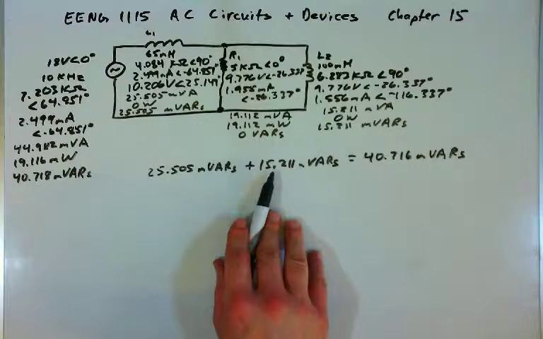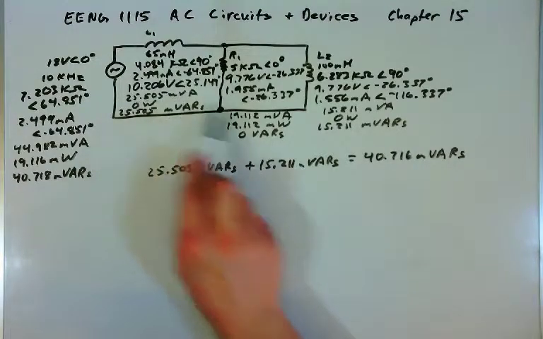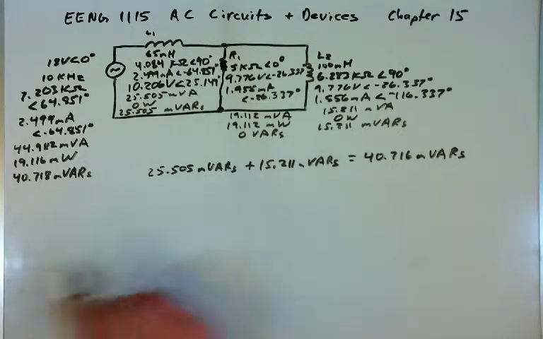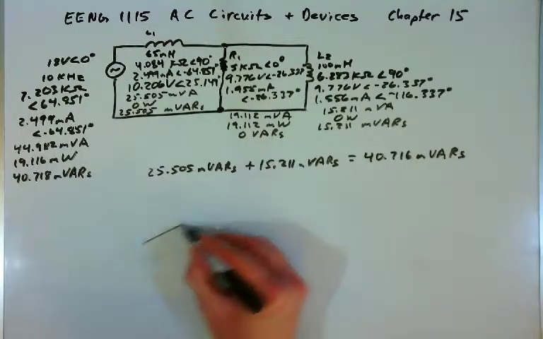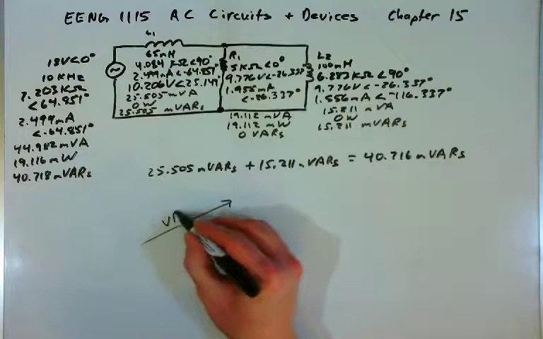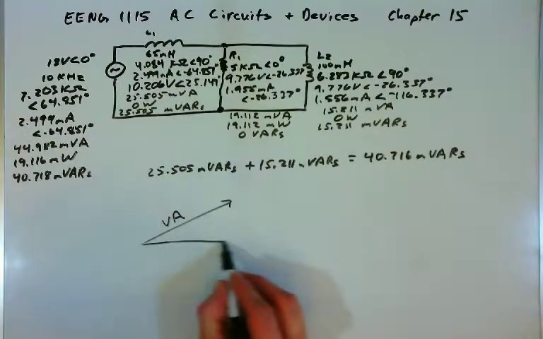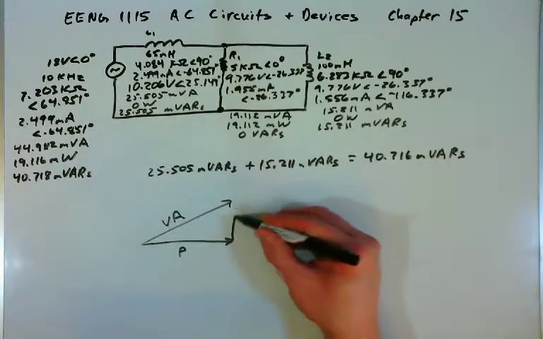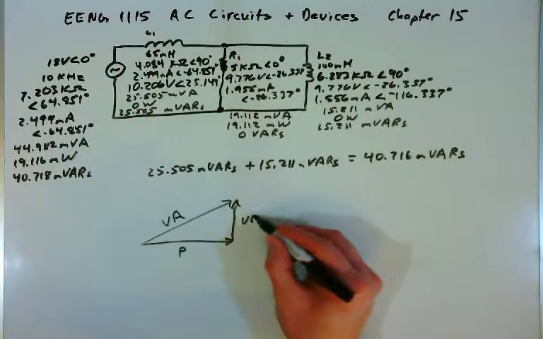Now, in order to check the volt amps, they will not add up to be the total volt amps. And that is because, remember that the volt amps is the hypotenuse of a right triangle. One of the legs is power, true power, measured in watts. The other leg is the volt amps reactive.